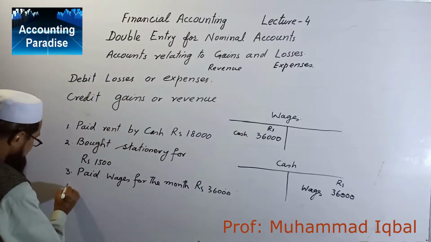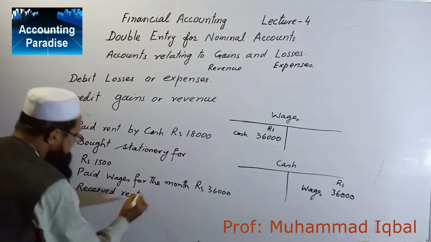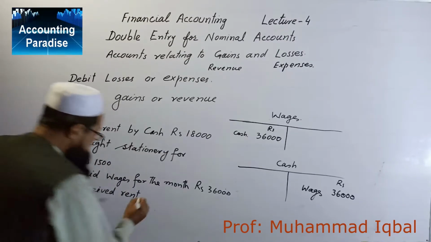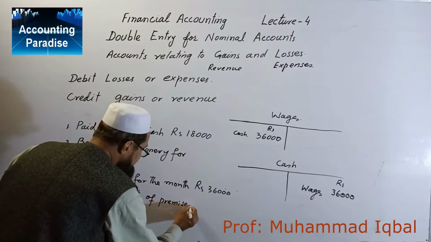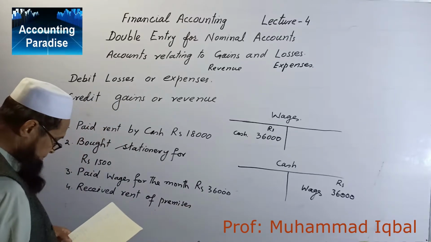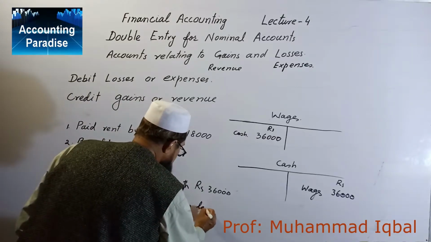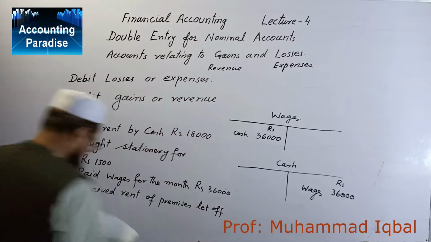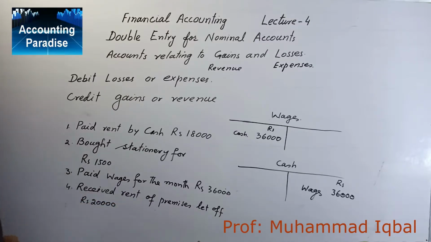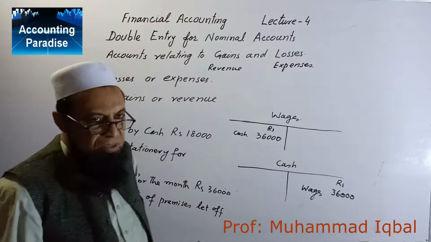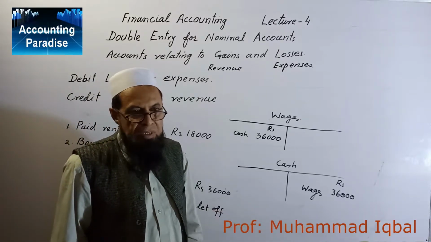Received rent of premises. Now instead of an expenses account, this is the revenue account, because the rent is received by the business for the premises which they have given on rent.